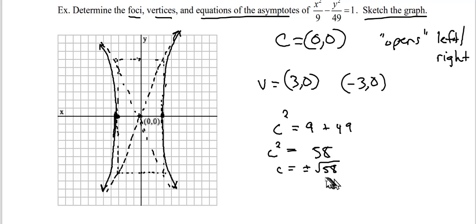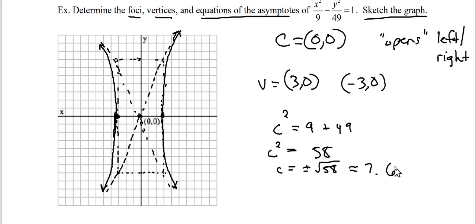That doesn't simplify because that's 2 times 29. Both of those are prime numbers, so they don't simplify. That is, however, approximately, going to be somewhere between 7 and 8, because 58 is between 49 and 64. Square root of 58 is approximately 7.6.